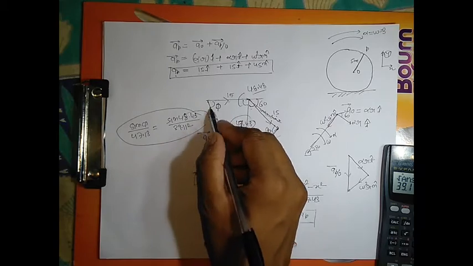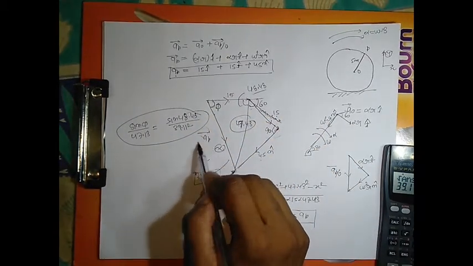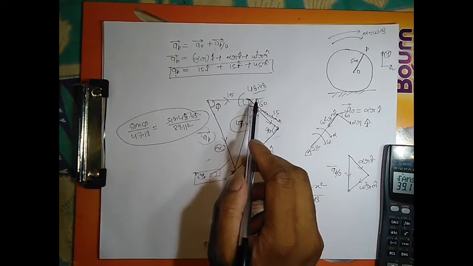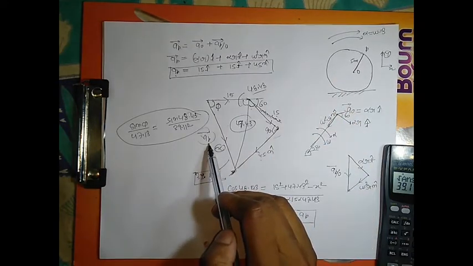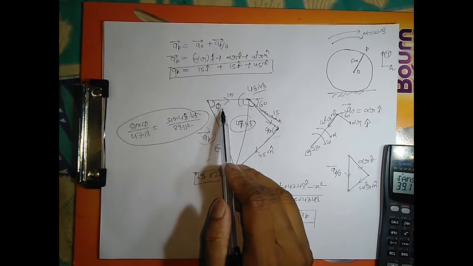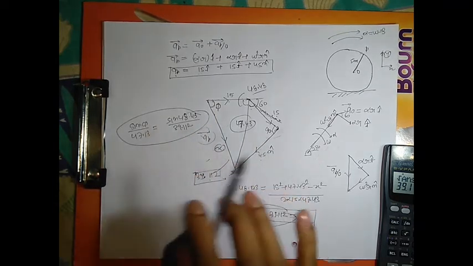Then you can find the angle that the resultant acceleration of point P makes with respect to the horizontal. You can find the phi also.